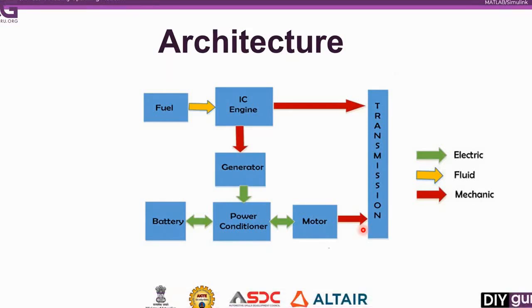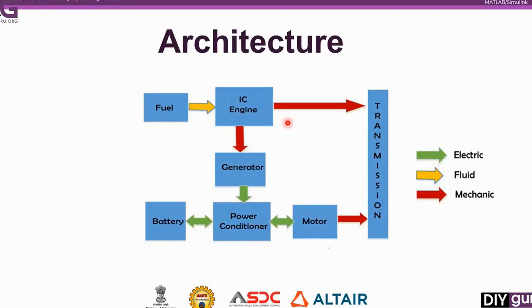Let me try to explain using an example. In this type of unit we have a motor and generators. Take the very latest example, the Honda City hybrid, or Honda City e:HEV as the company says. There is an IC engine, a petrol engine, then we have a generator, and then we have a motor, very similar to this one.